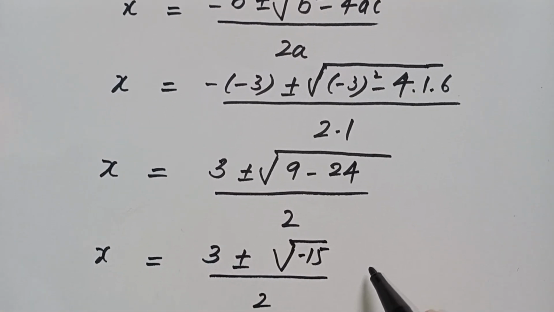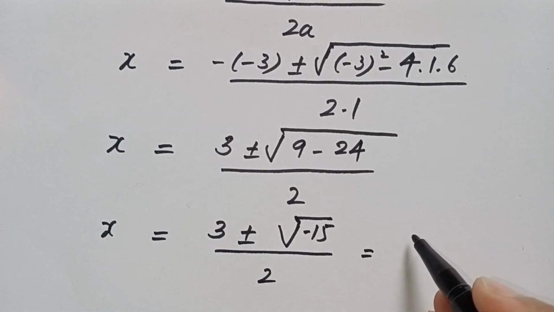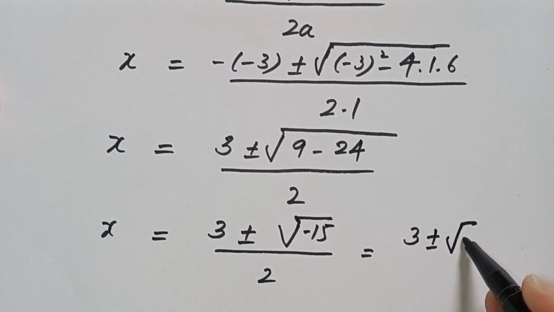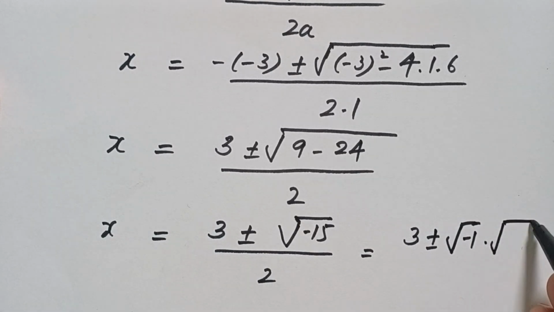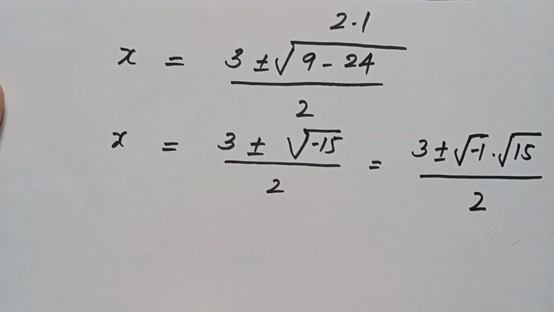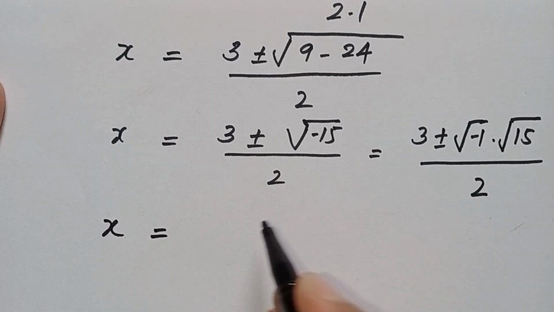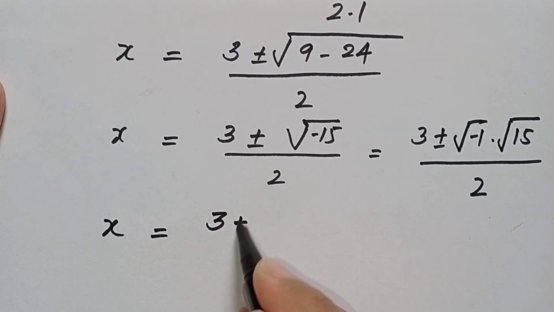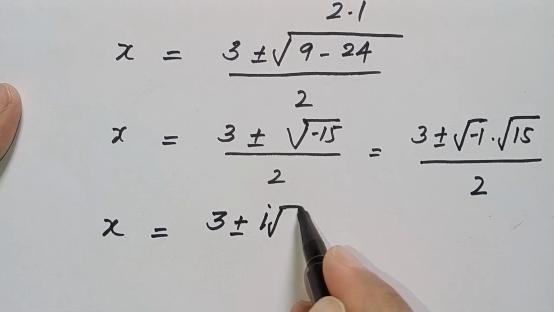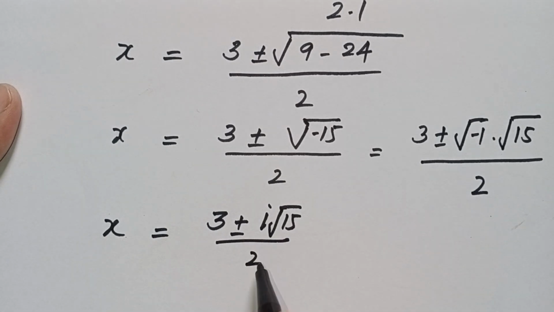In the next step, we can write 3 plus or minus, we can write the minus sign separately and 15 separately: square root of minus 1 times square root of 15, over 2. We have here x is equal to 3 plus or minus, and this square root of minus 1 is i, times square root of 15, over 2.